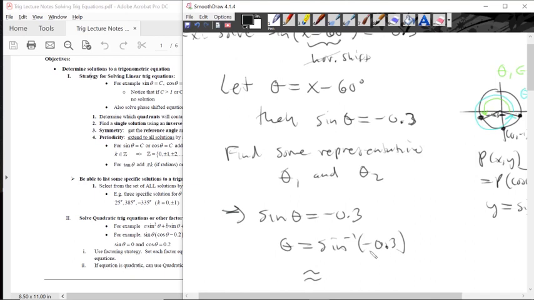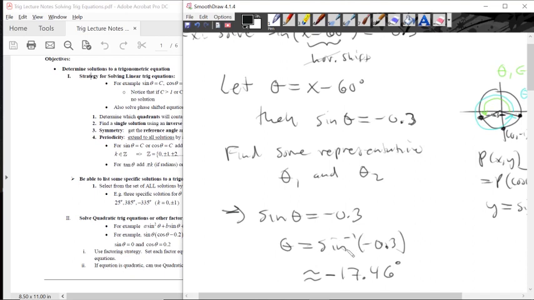We want our solutions in degrees so that we can deal with this horizontal shift, so we make sure the calculator is set to degree mode. So we find the arc sine of negative 0.3, and I'm getting approximately negative 17.4576. I'll go to 2 decimal places here: negative 17.46 degrees.